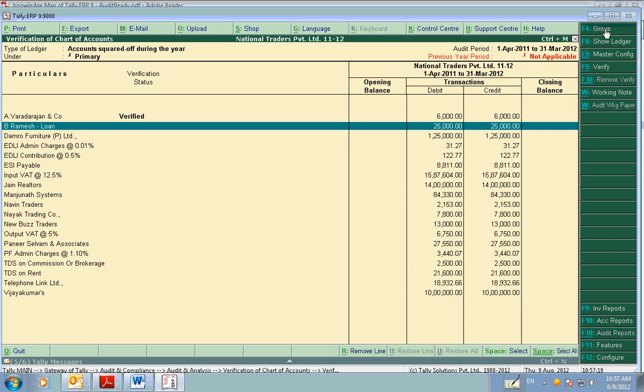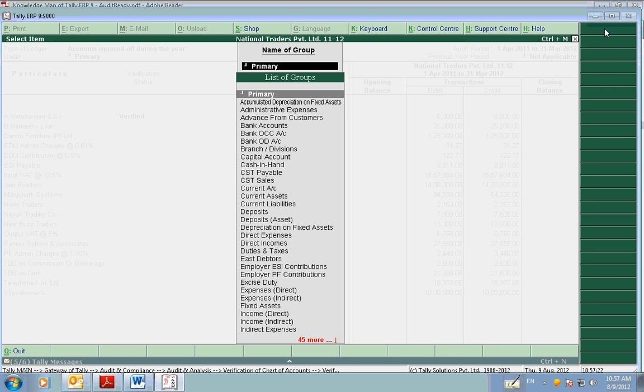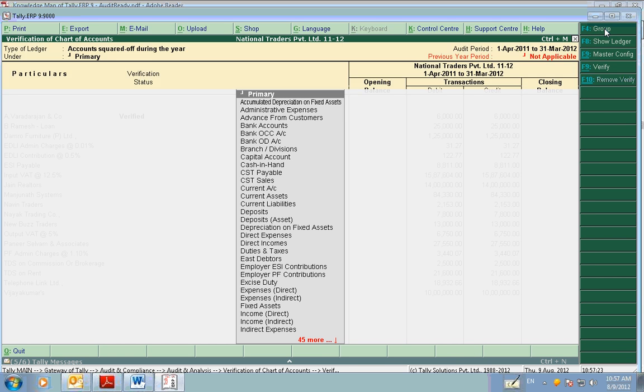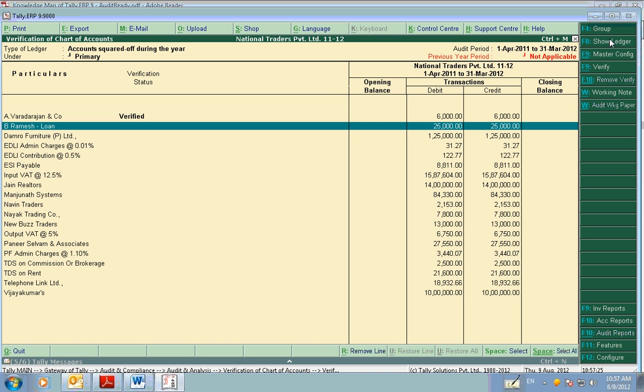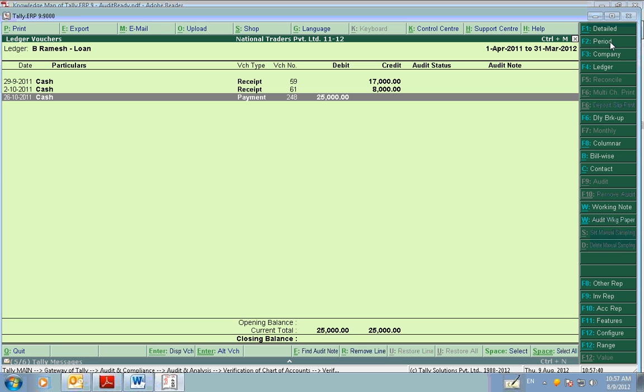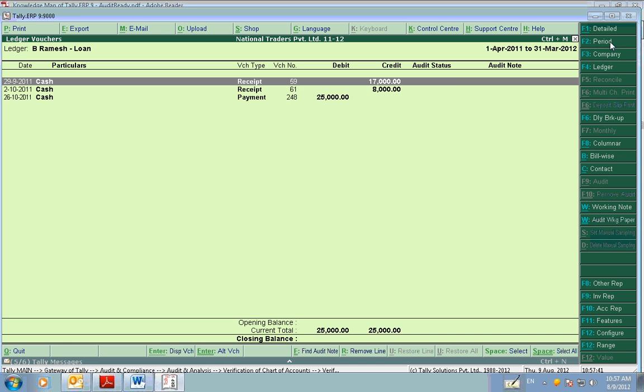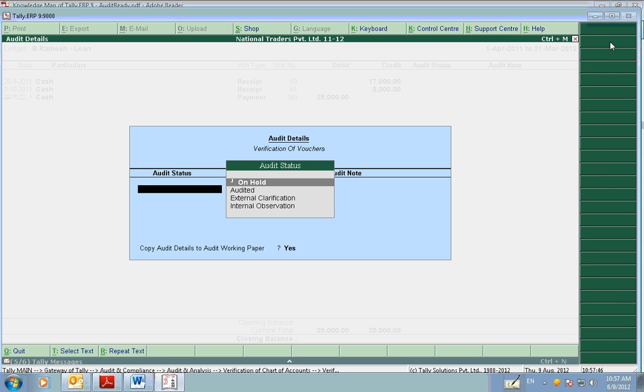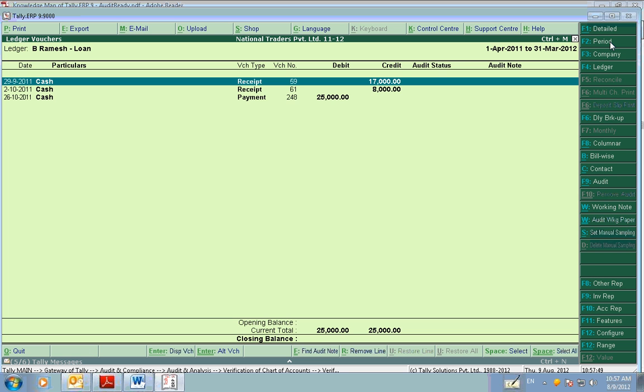These are the default options. You can either get into group wise details, to see which group you are looking for, and you have show ledgers. Now we are checking Ramesh loan, which has the transaction value of debit 25,000, credit 25,000. You can check them ledger wise also. Click on show ledgers. If you see here, it is entirely receipt and payment entries, right?